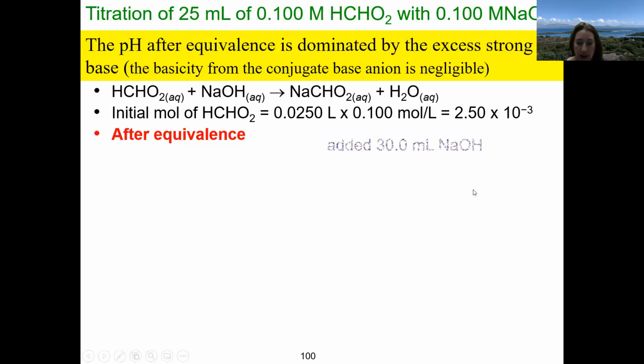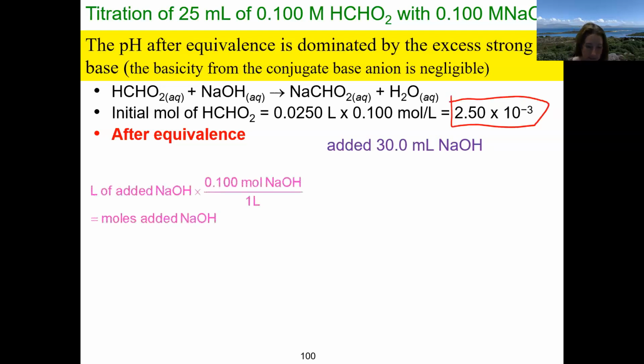We just figured out that at 25 milliliters, we were at our equivalence point. So when we add 30 milliliters of NaOH, we're definitely after our equivalence point, right? Now, again, to figure out where we are, we have to find moles. Molarity times liters equals moles.